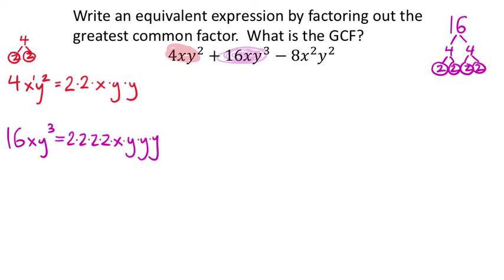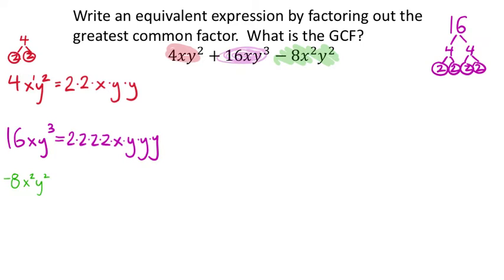Now we got the last term right there, oh, and that's a negative. Come on, there we go. Negative 8x, x to the power of 2, y to the power of 2, all right? Now that's not the leading coefficient. If it was, then I would be looking to yank a negative out of each of the terms. And there's a reason for that, which if we don't cover in this class, then you'll definitely cover in 1010. But I'm going to look at this as negative 8x to the power of 2, y to the power of 2.